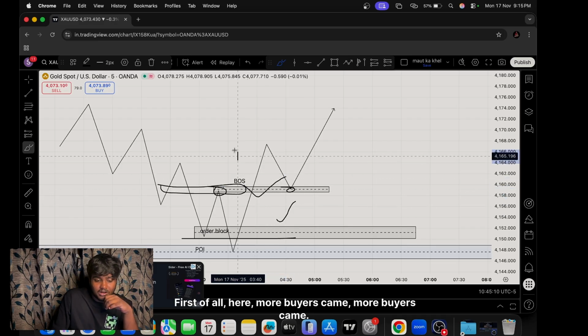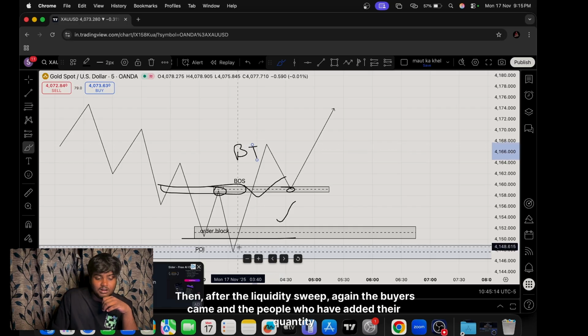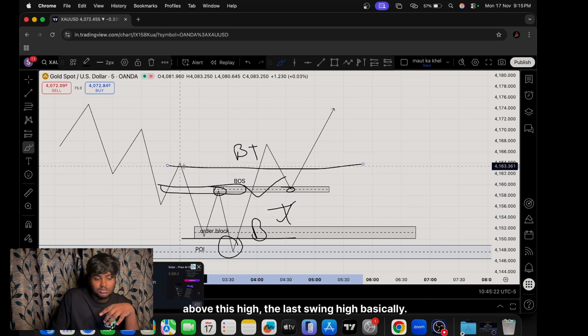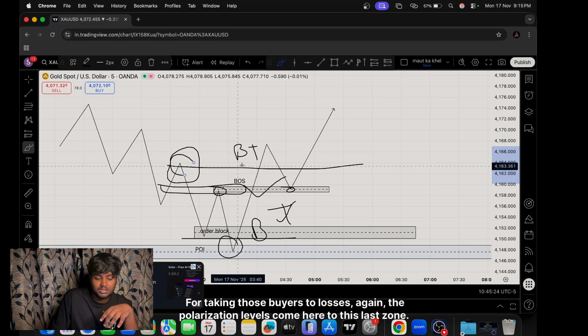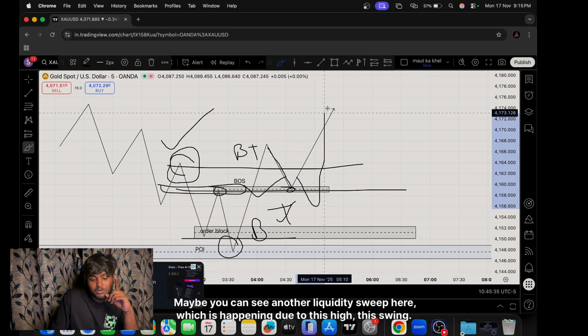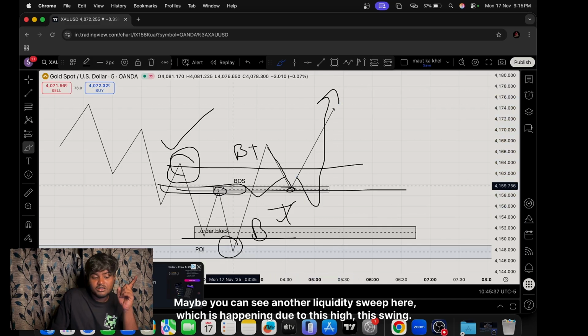First of all, more buyers came. Then, after the liquidity sweep, again the buyers came, and the people who have added their quantity above the last swing high, for taking those buyers' stop losses, again the polarization levels come here to this last zone. Maybe you can see another liquidity sweep here, which is happening due to this swing high.